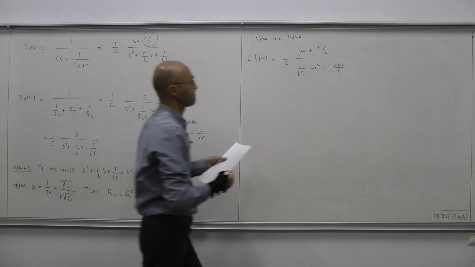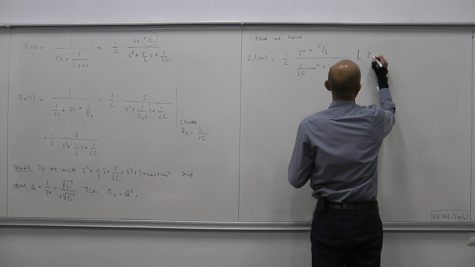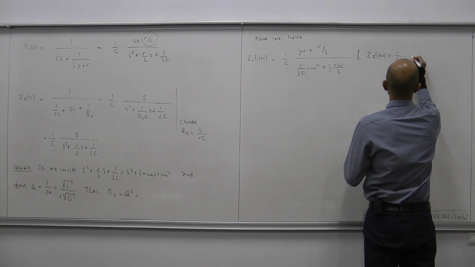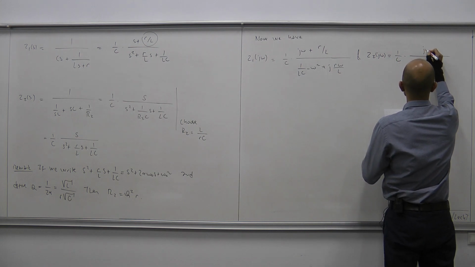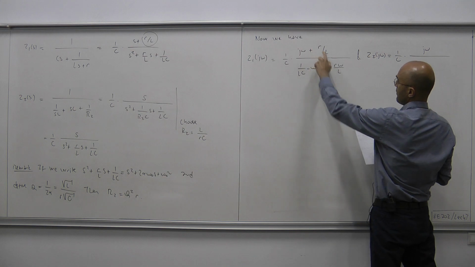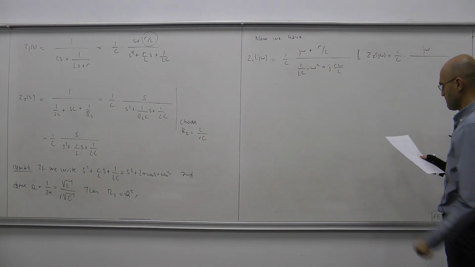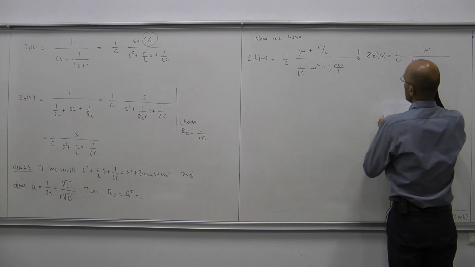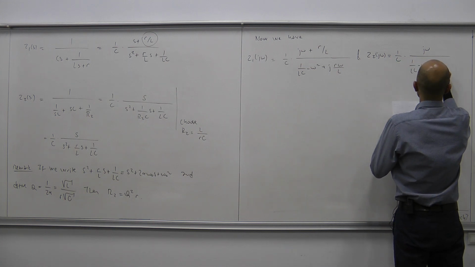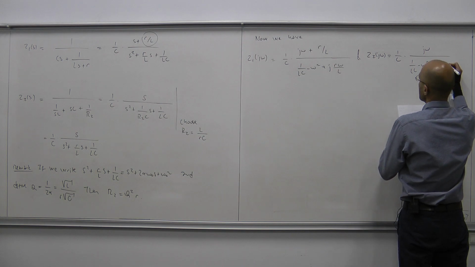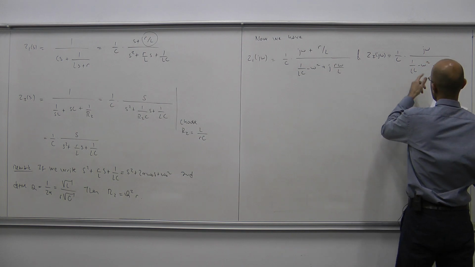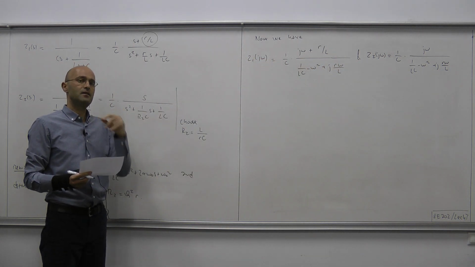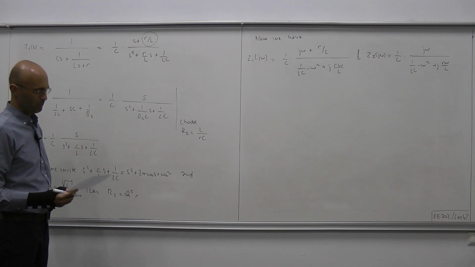As for Z2, Z2 of j omega equals 1 over C times just j omega, instead of that j omega plus R over L, divided by 1 over LC minus omega squared plus j R omega over L. Note that the denominators are the same because we chose R2 to make the denominators the same.